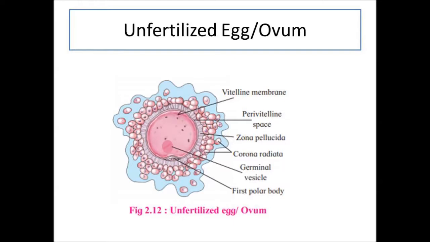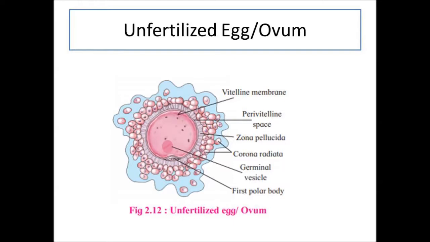It is non-cleidoic; cleidoic means with a shell, so there is no shell. It is microlecithal, meaning yolk is present in very small quantity. Approximately, it is 0.1 millimeter in size. It is a rounded, non-motile, haploid female gamete.